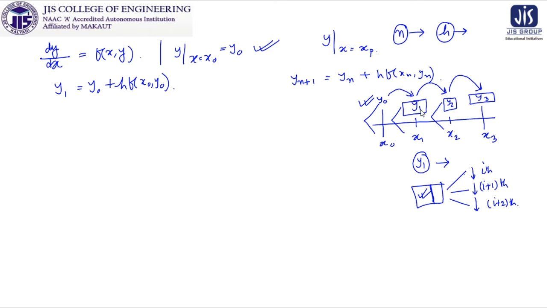But here we are not finding y1, y2 or y3 more than one time. We are just calculating y1 and then directly going to y2 in Euler's method.